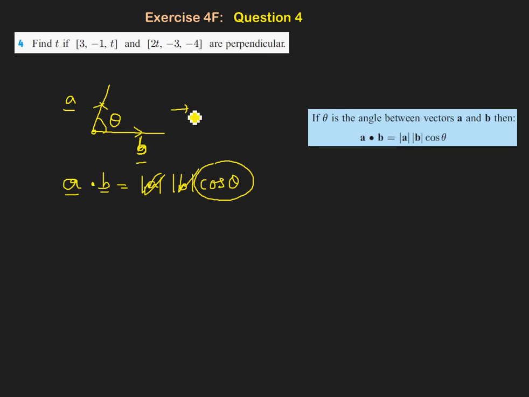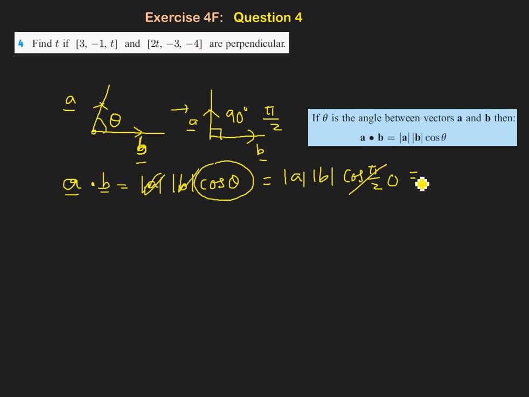I suppose we get a situation where these two vectors are just perpendicular, and so this is 90 degrees or pi over 2. But what is cosine pi over 2? So cosine pi over 2 or cosine 90 is actually, you got it, it's 0.